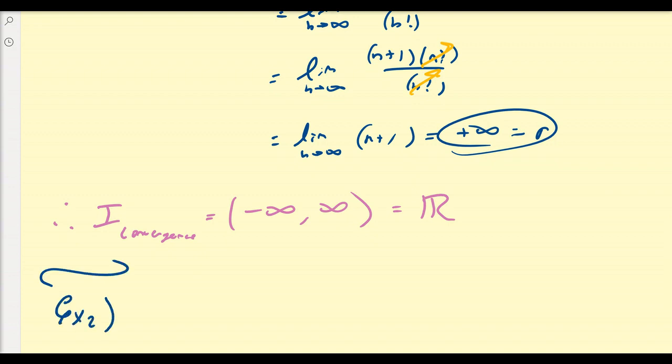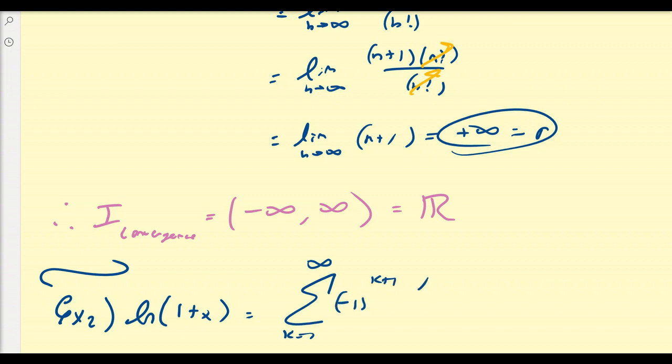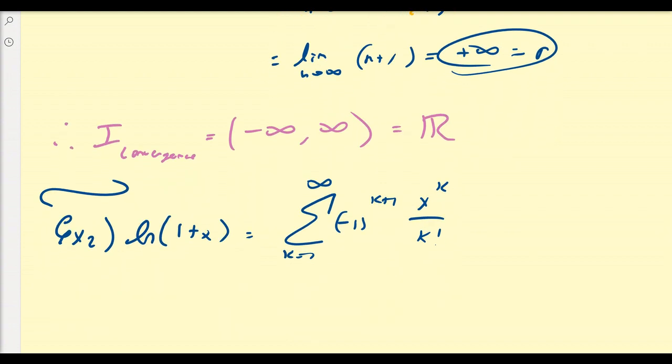So as our second example, let us take a look at the series. The natural log of 1 plus x is equal to the sum from k is equal to 1 to infinity of negative 1 to the k plus 1, x to the k, all over k. So before, graphically, we saw that the radius of convergence was equal to 1.